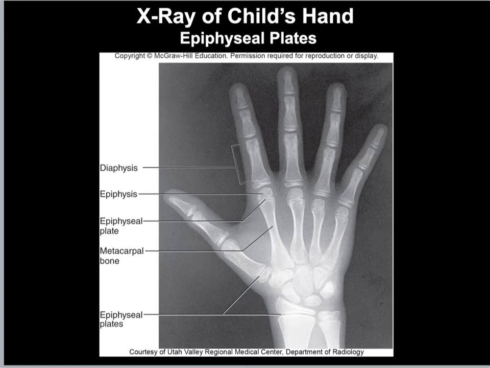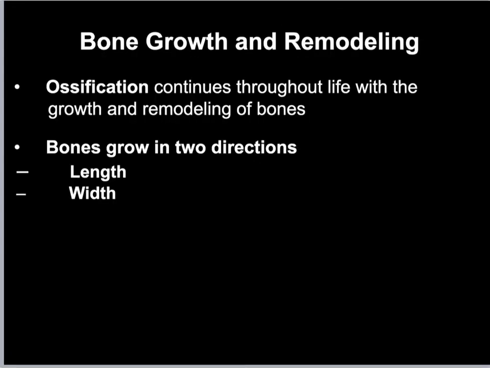You can see that it's a much more thin line on the proximal end and a thicker line on the distal end, and that's pretty common. Those are the epiphyseal plates. So that's how bones develop in fetuses and young children who are still developing.